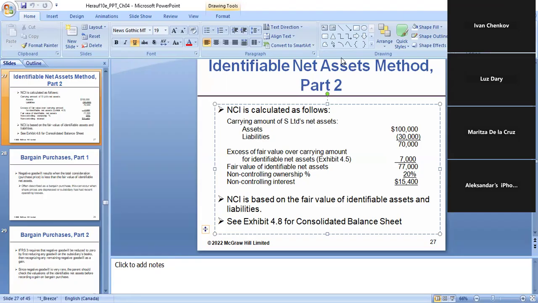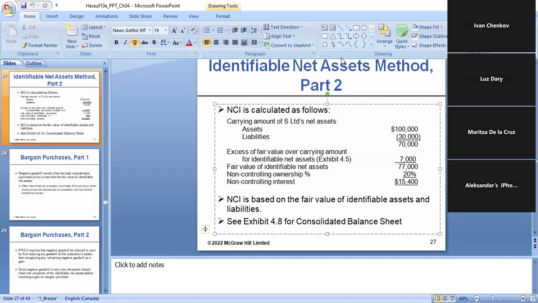So if you purchase the 100% of the shares, there will be no non-controlling interest. So you just do the pure calculation of the acquisition differential, allocate that acquisition differential to the fair value versus book value, whatever is left, goodwill, and then do the balance sheet.